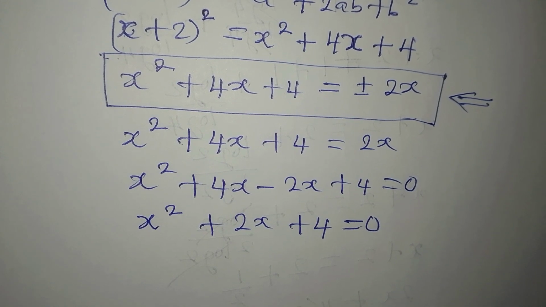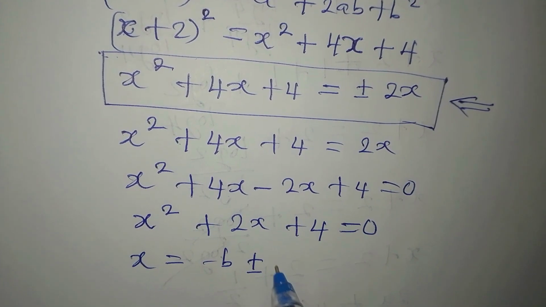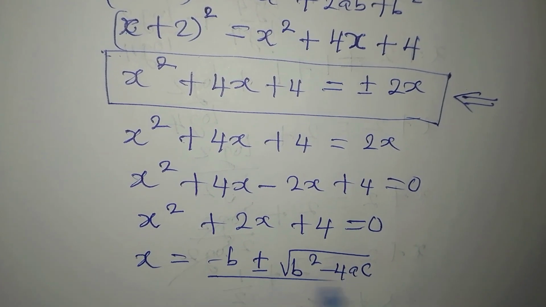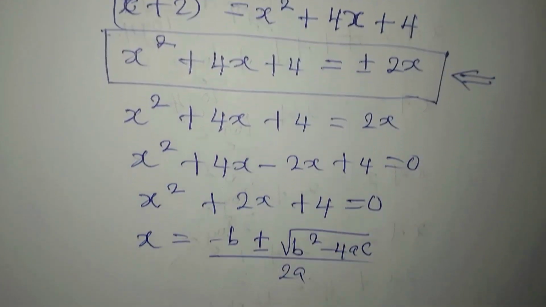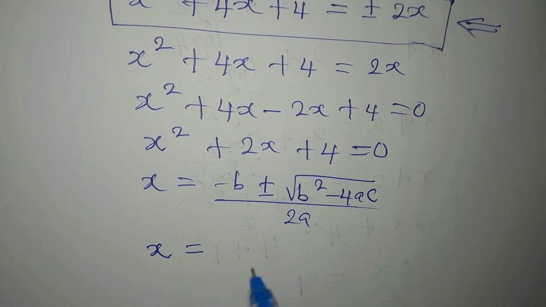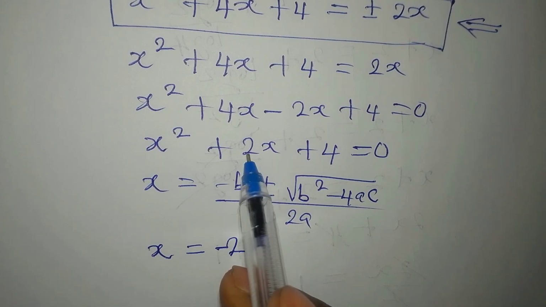It's not factorizable. We will use the formula x = (-b ± sqrt(b^2 - 4ac)) / 2a. So this means that x is equal to minus b, which becomes -2 because b is 2.